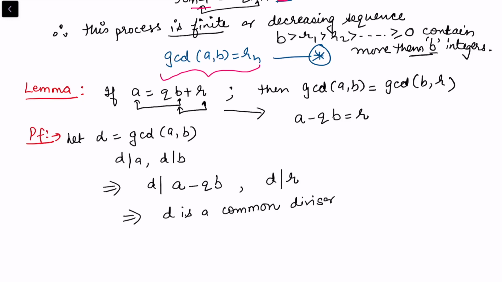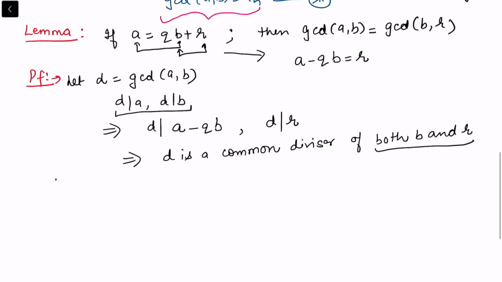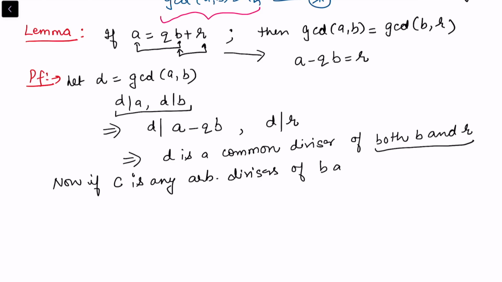So I can say that d is a common divisor of both b and r also, because I have started with d as a common divisor of a and b, but I have concluded now that d is a common divisor of b and r. So now let us consider that if c is any arbitrary divisor of b and r, and as c is the divisor of b and r, I can take the linear combination of these two, so I can write c divides qb plus r, and that implies c divides a.